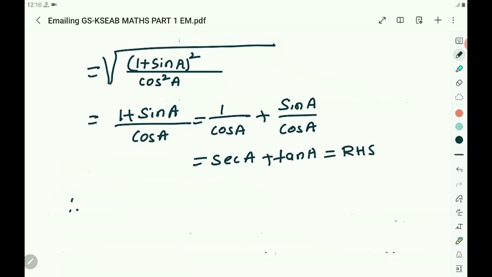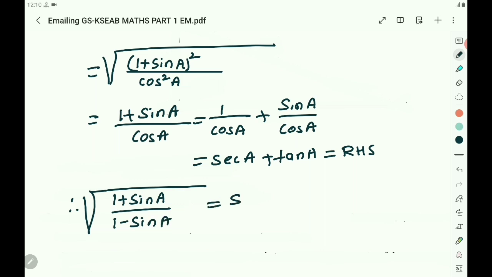Therefore, whole root 1 plus sin A by 1 minus sin A equals secant A plus tan A.